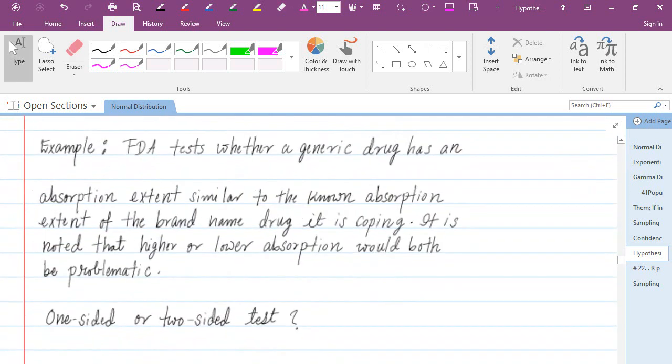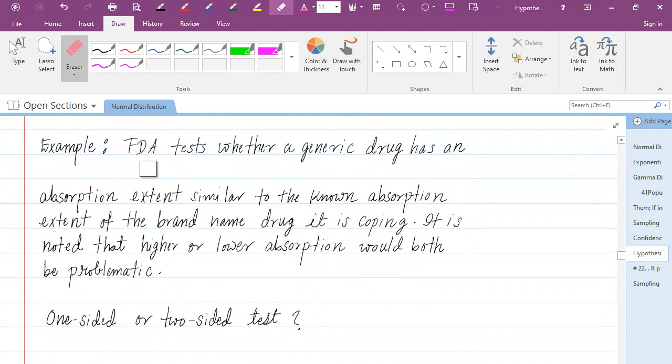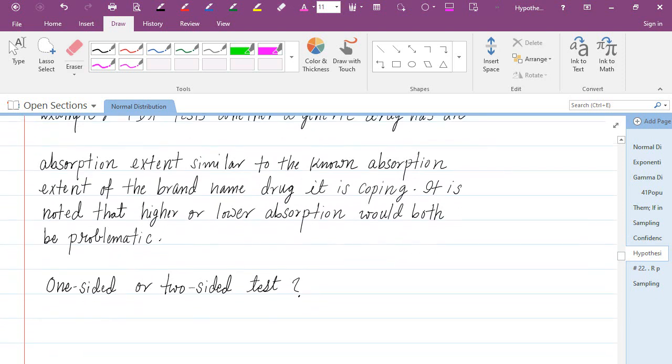Here's another example. Let's say that the FDA is testing whether a generic drug has an absorption extent similar to the known absorption extent of the brand name drug it is copying. It is noted that higher or lower absorption would both be problematic.